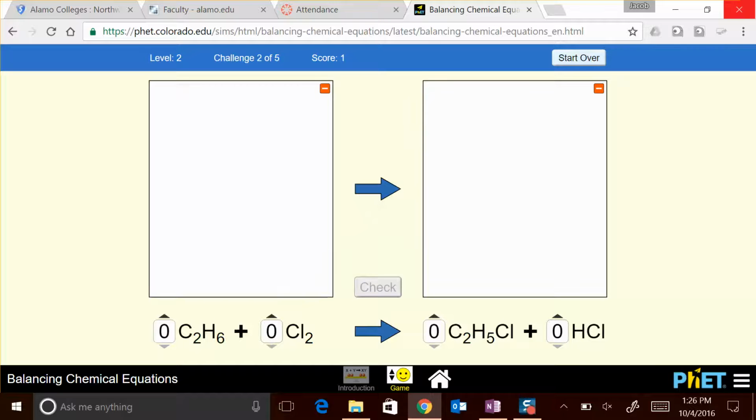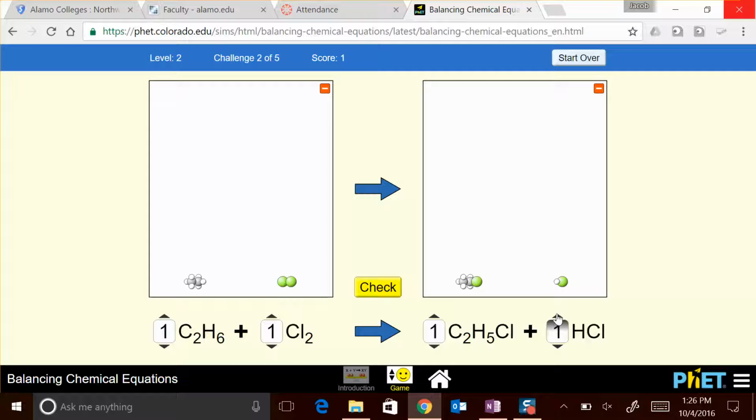Let's try this one. So let's start out with 1 of each. Okay? So see, I have 2 carbons, 6 hydrogens on there. I have 2 chlorines right here. Okay? I have 2 carbons over here. 1, 2, 3, 4, 5 hydrogens.